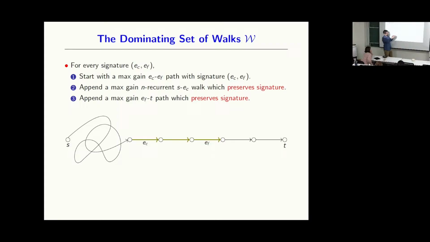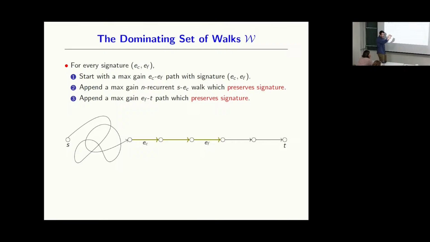That allows me to now locally define these walks. And the local definition will be: I take any pair of edges, possibly this way or that way, and I find the maximum gain path in between them that locally preserves signature.